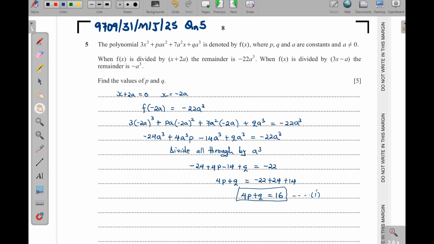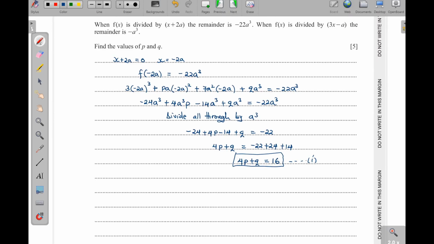Then I also go to this other one here, that when f of x is divided by this, the remainder is this. So again, when we get this 3x minus a, we equate it to 0, then x here is going to be a over 3. So meaning that when we get f of a over 3, we should equate it to the remainder, which is negative a cubed.